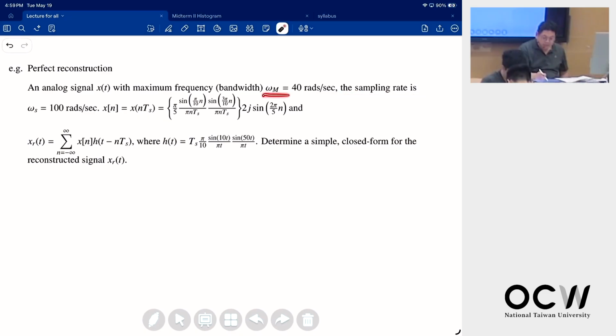With this condition, do we have aliasing? No, because the sampling rate is greater than the Nyquist rate. There's no aliasing. And then we have the discrete signal here.